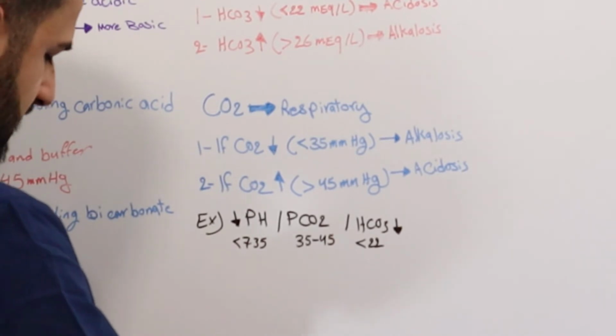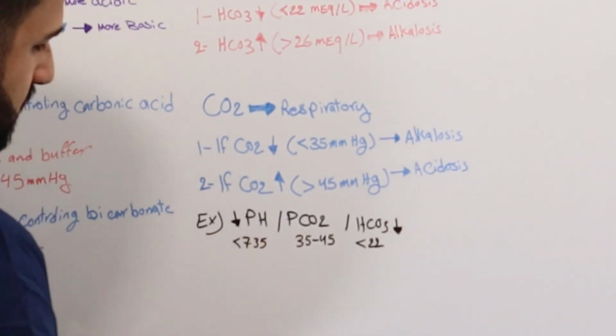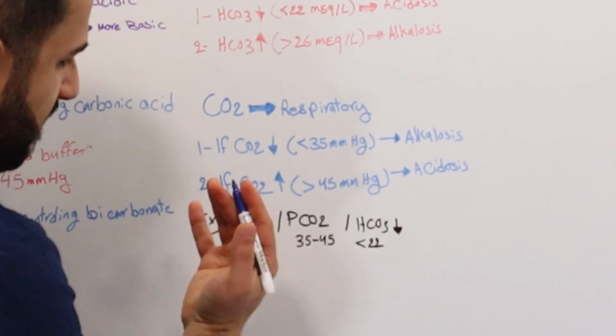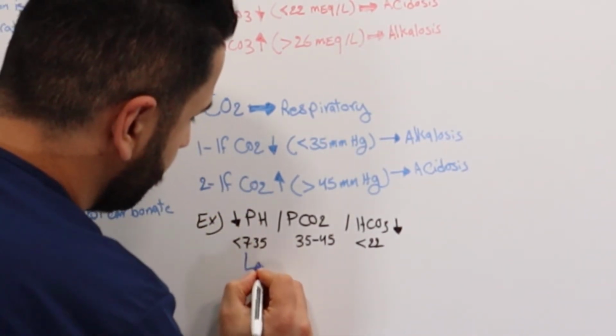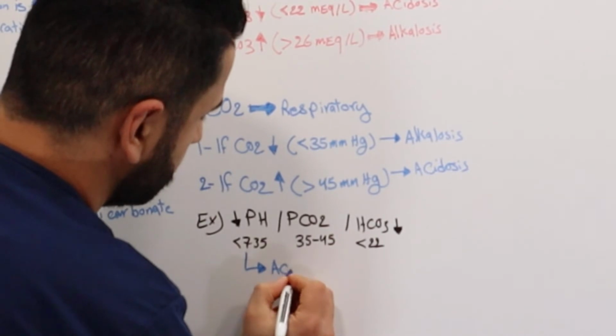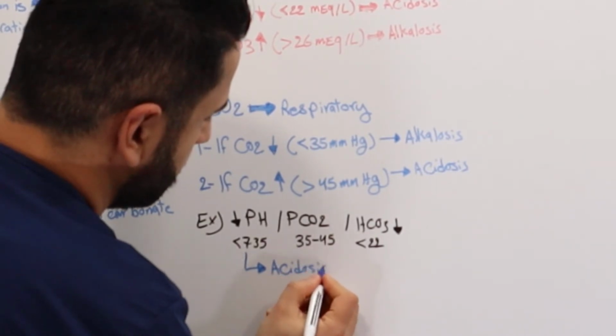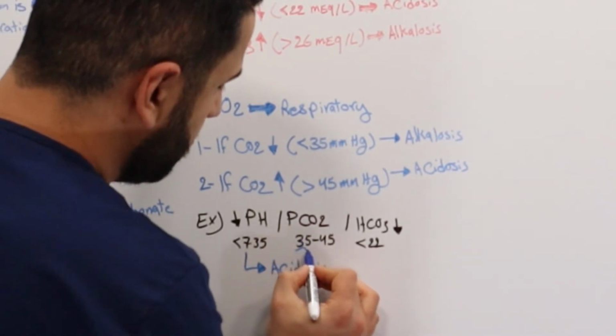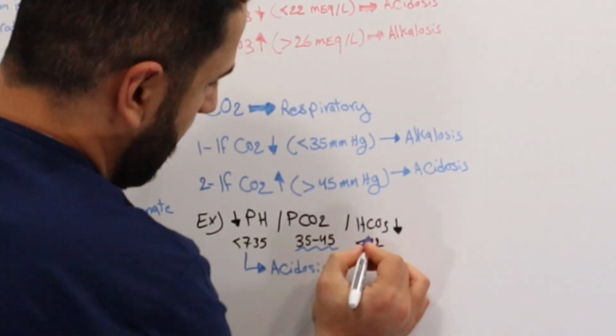So what do we do in this case? First of all, we look at the pH. Looking at the pH, we know it's less than 7.35, therefore it's going to be acidosis. And here, because PCO2 or CO2 is normal, we don't really worry about that.